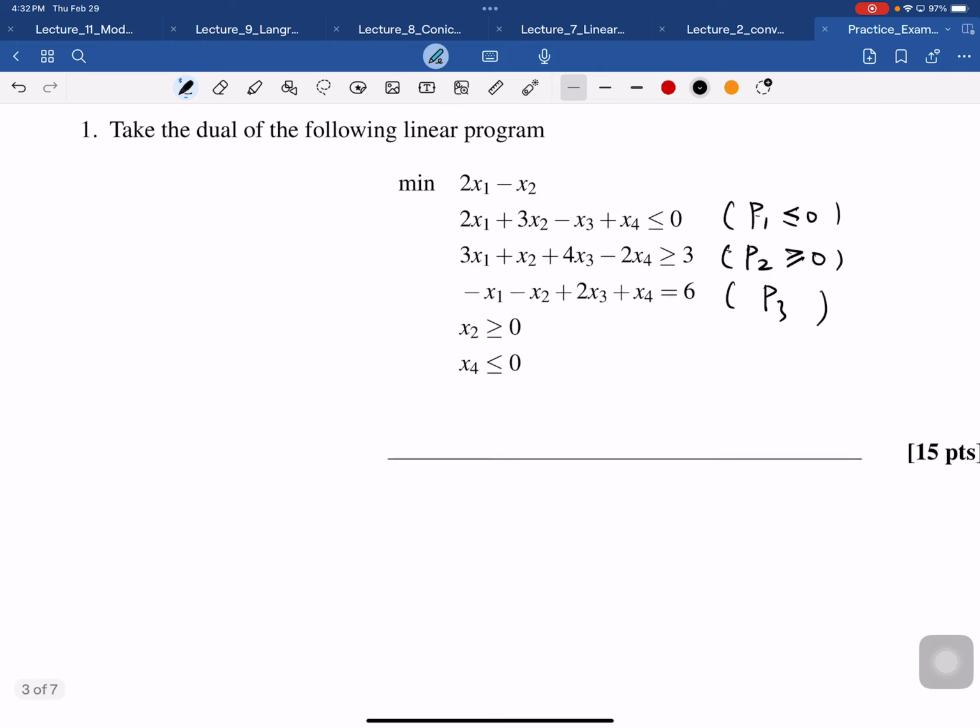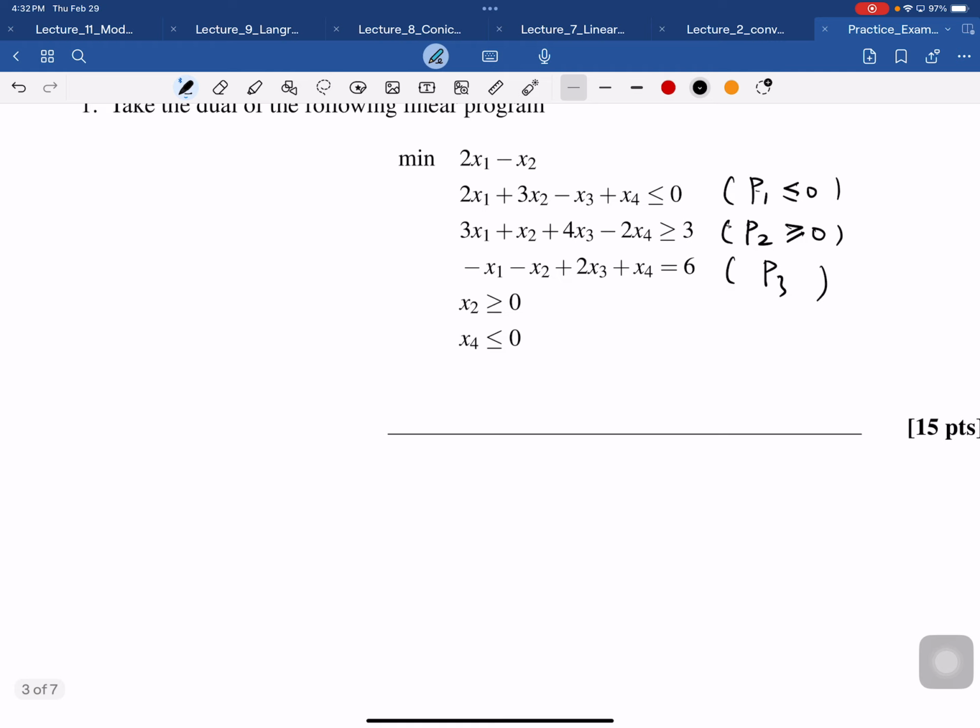Okay. So now after that, the way to take the Lagrangian dual is that you multiply each constraint by the Lagrangian multiplier and then bring them to the objective. Right? So we have a Lagrangian function which is a function of p1, p2, and p3.